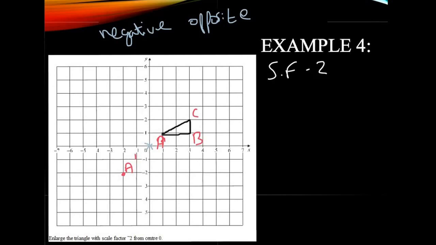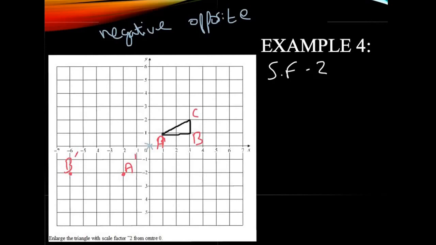Okay, let's look at B. B was 1, 2, 3 along to the right and 1 up. We're doing scale factor -2, so we're going to go in the opposite direction and twice as far. So instead of 3 along and 1 up, we're going to go 6 this way and 2 down. It's here. This is now B dash.